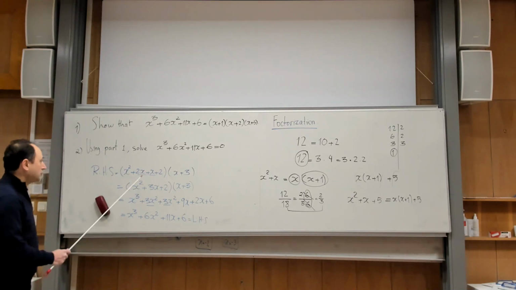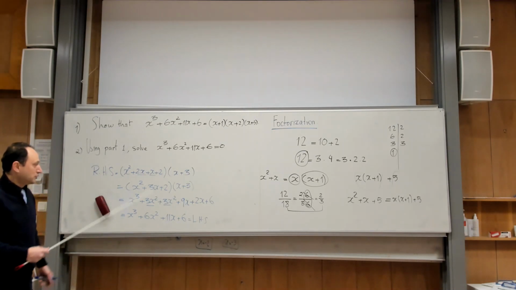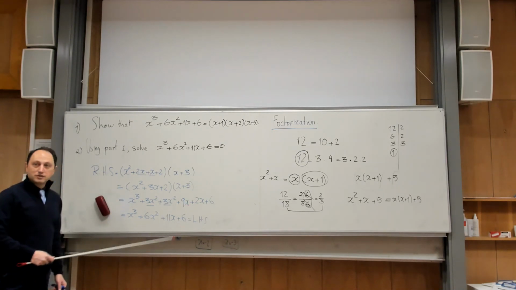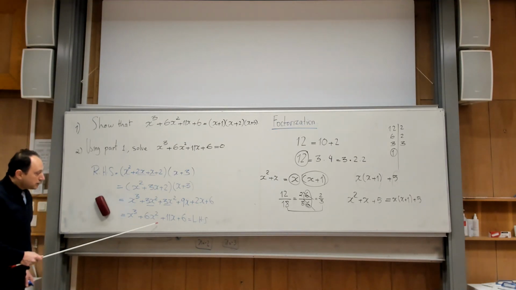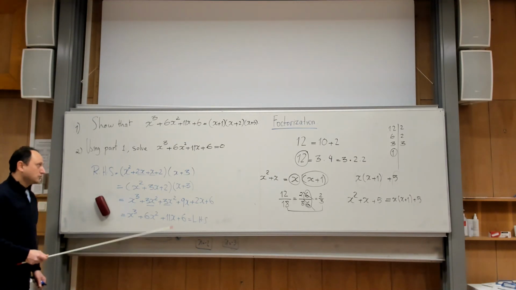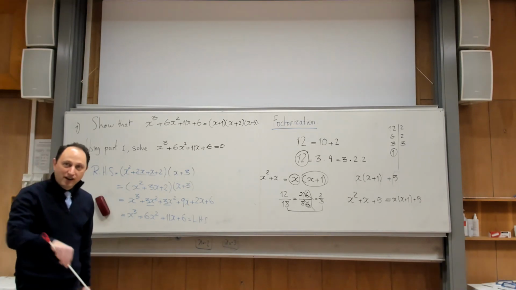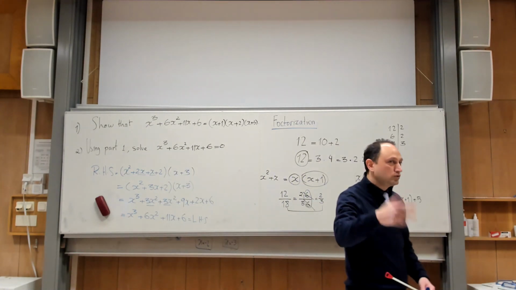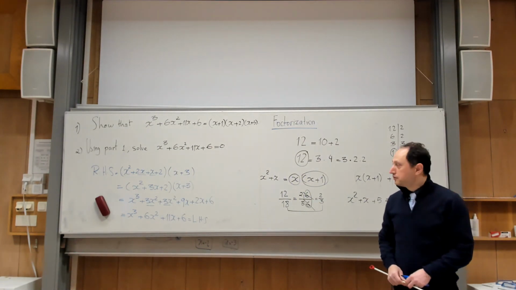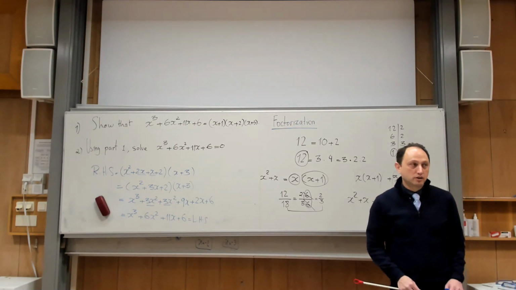So if I give you 3 factors and I ask you to multiply them, more or less everyone can do that by paying attention and doing a little bit lengthy calculation. But if I give you this and I ask you, can you guess that? That is not easy. And that is the factorization. So you need to be able to do the reverse operation, and the reverse operation in this case could be extremely hard.